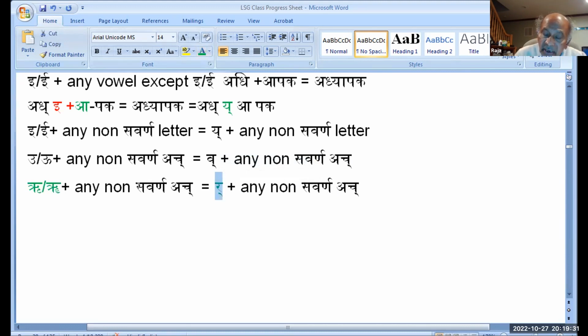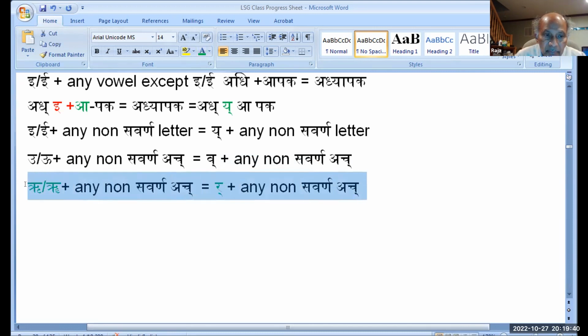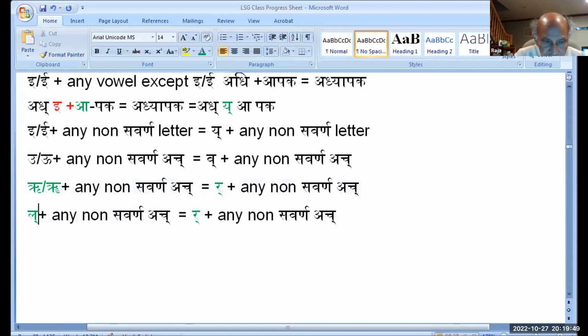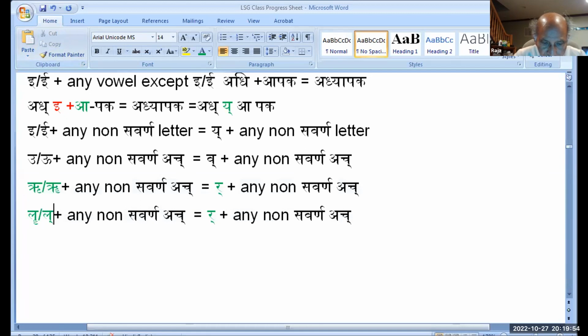Here it can be anything, as long as it's not a Savarna one. Savarna means you get a long form anyway, Savarna Dirgha Sandhi. Now it is Lu, or the long form of Lu, and you get Lakara and any non-Savarna Ach.